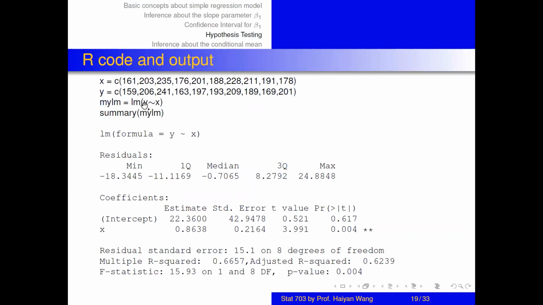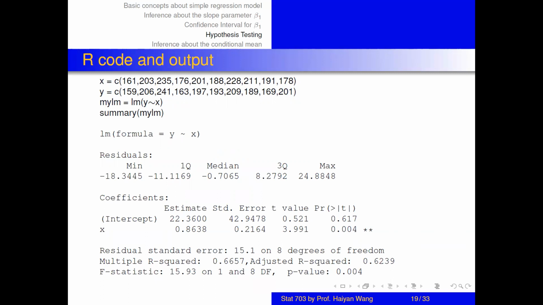In the lm command, we have y on the left-hand side, then the tilde, and x on the right-hand side. Here, y tilde x is a formula. The response variable is always on the left side, and all the independent variables are on the right-hand side. Now we have only one variable. Even though we only put x, the default includes the intercept.